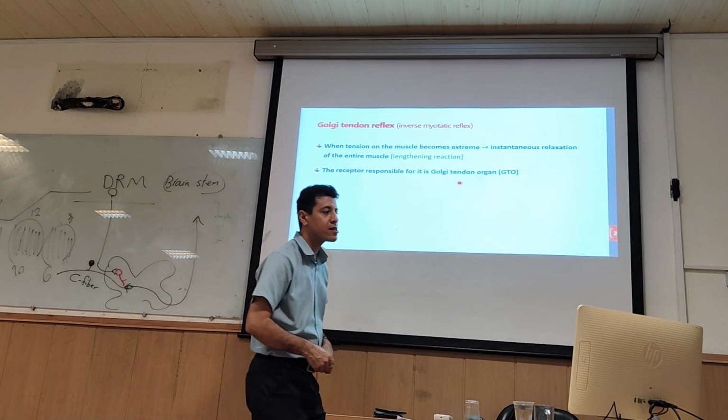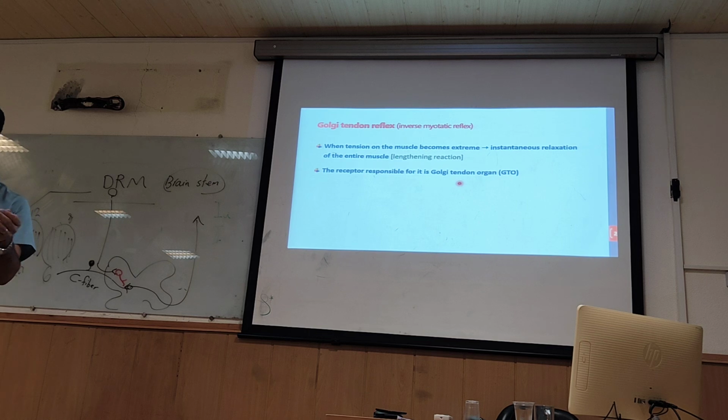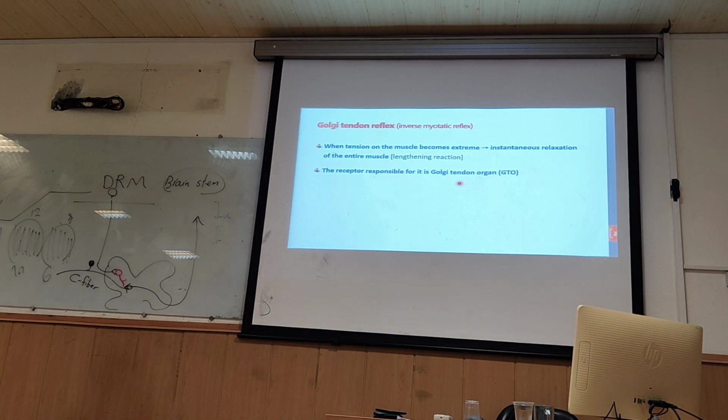Golgi tendon reflex. I told you that if you stretch a muscle, it contracts. But the Golgi tendon reflex is reversed. If there is strong contraction, the muscle is relaxed. It's a protective mechanism.